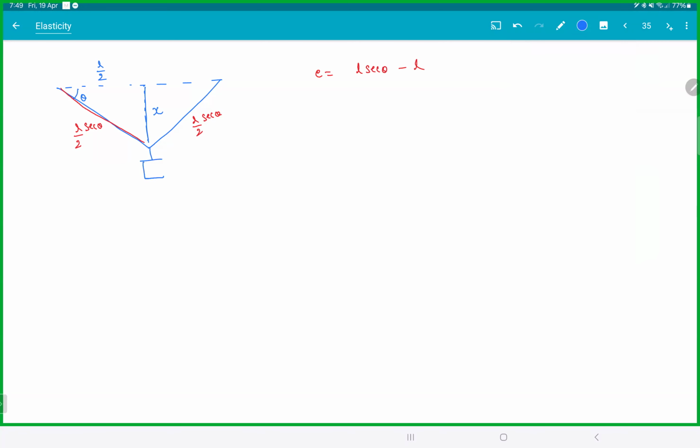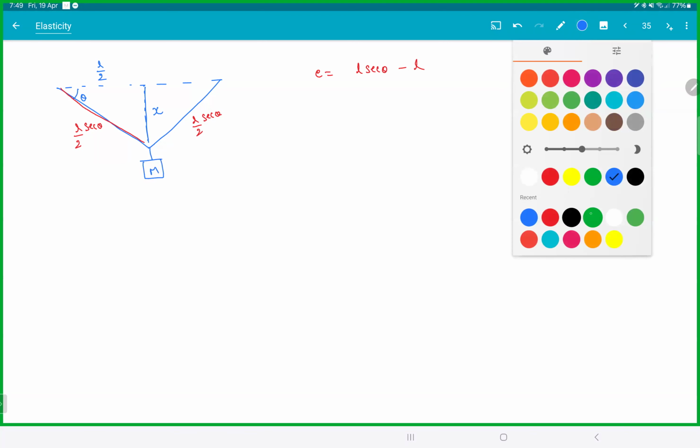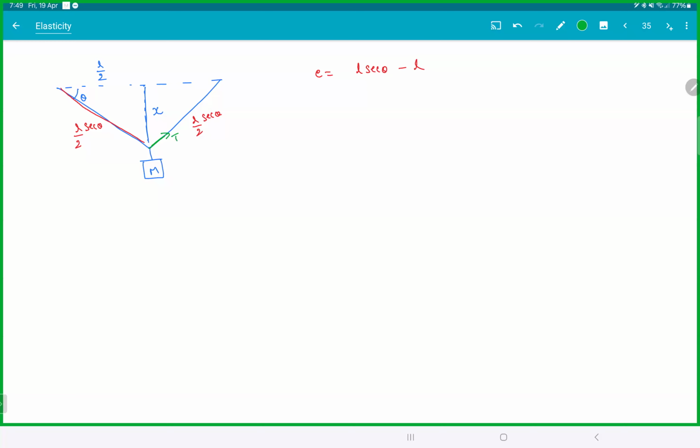And the rod has mg here, the block mg. So this is tension, this is tension, this angle is theta, this angle is theta. So 2T sine theta is mg. And sine theta is x. Sine theta is approximately tan theta, which is equal to x by L/2, for small angles, we can assume that.